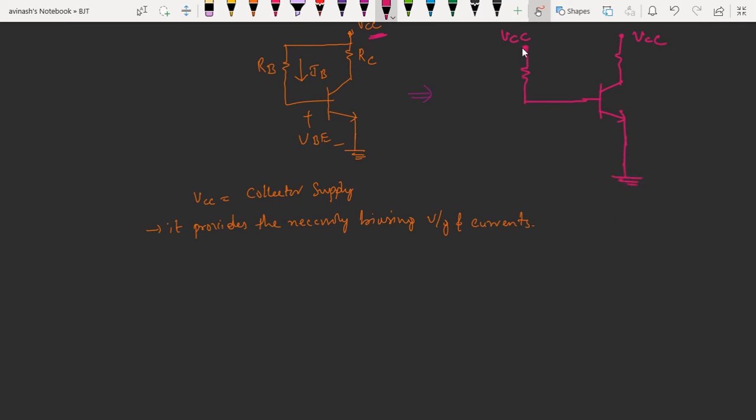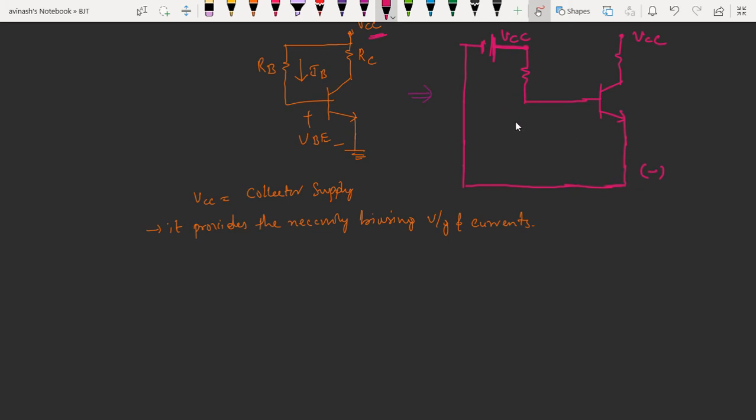Let us consider this positive and extend it. Ground is a negative potential. Let us connect this ground here, so I can erase this ground now. So these two are connected now.